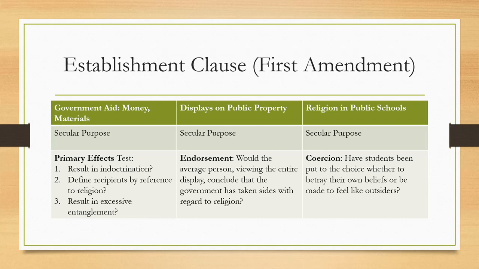There has to be a secular purpose. Even if you get past that, then the question is, is there coercion in the fact pattern? And to repeat one more time, coercion means putting a student to the choice whether to go along and violate their own principles or not go along and make themselves a mark, an outcast.